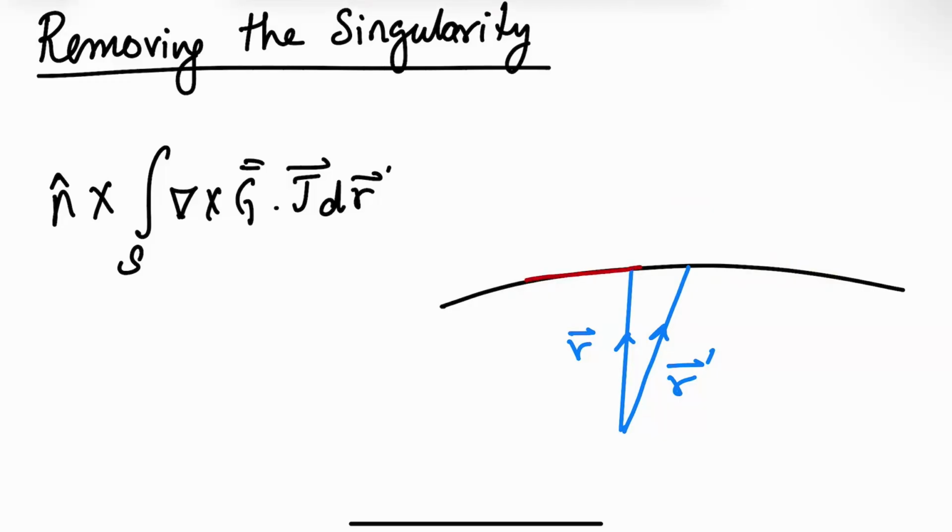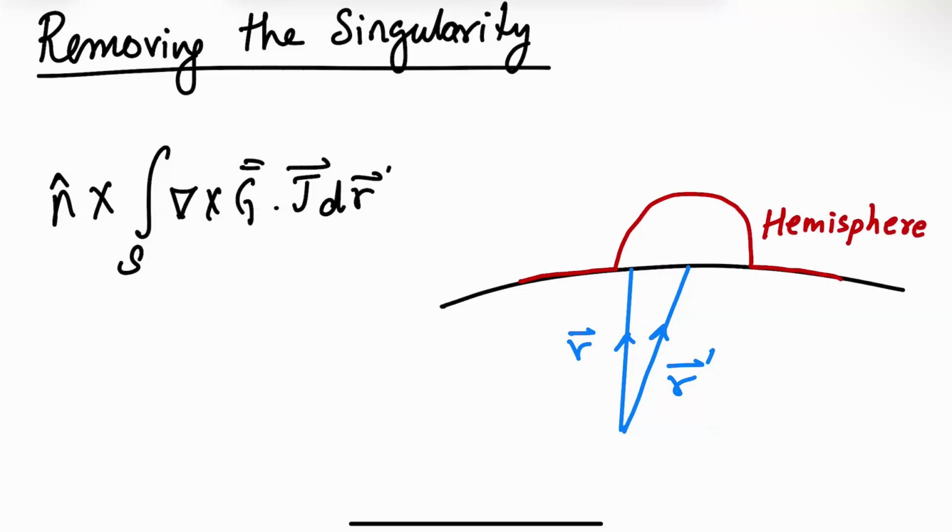So let's say I deform around the singularity. Say I deform that way into a hemisphere. So this is a hemisphere.